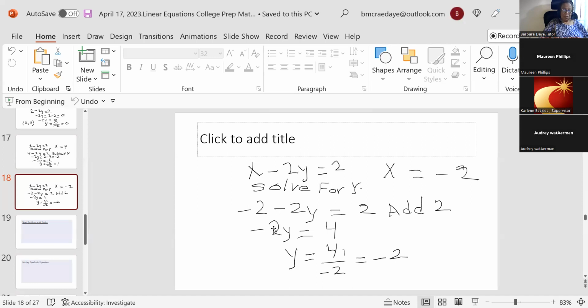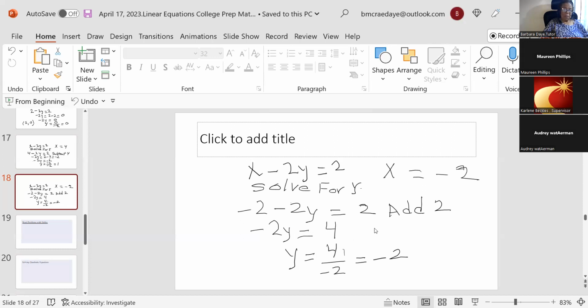Okay. So just ask yourself the question, Audrey. What number multiplied by y would give you 4? Negative 2y is equal to 4, right? Right. Okay. That means a number times minus 2 gives you 4.